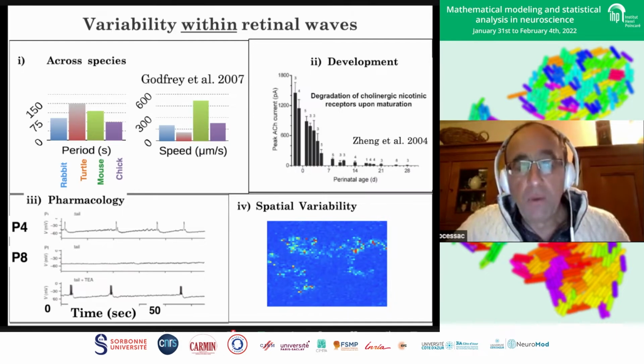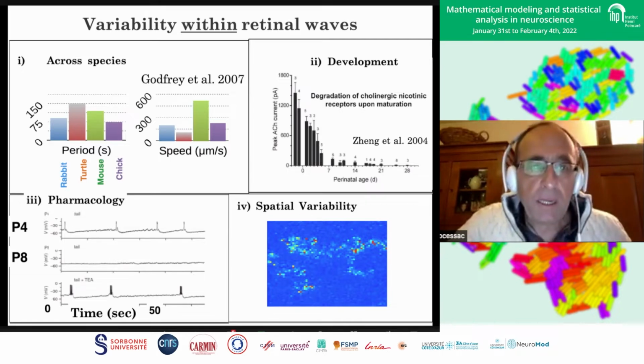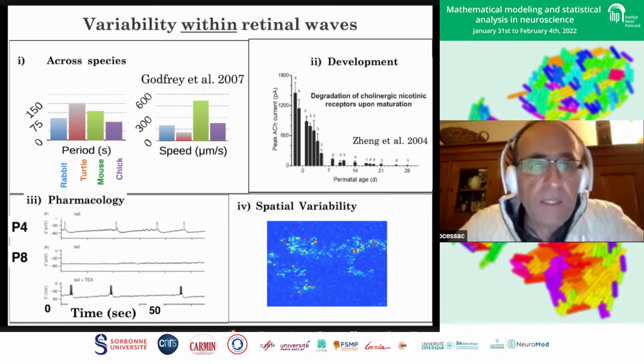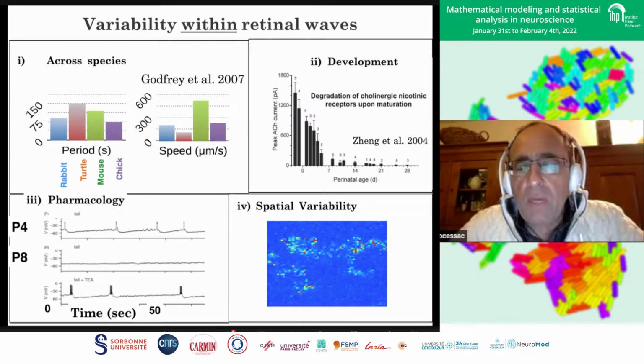Yet there is a wide variability in these waves. Even if they appear in different types of species, they have different characteristics like distribution, speed, etc. This is what you see here. Can you see my mouse on the right? But there is also a variability during development.